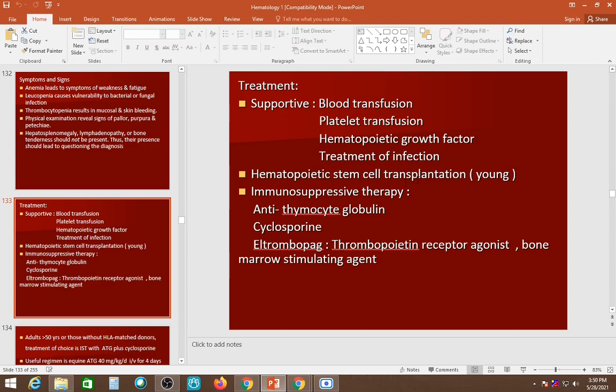If stem cell transplantation is not feasible, obviously we advise it in the young because it is curable. However, if it is not feasible, you go for immunosuppressive therapy: anti-thymocyte globulin, cyclosporin, and eltrombopag, which is a thrombopoietin receptor agonist, meaning it increases thrombopoiesis, and it is also a bone marrow stimulating agent.